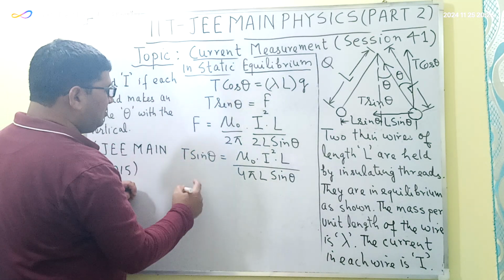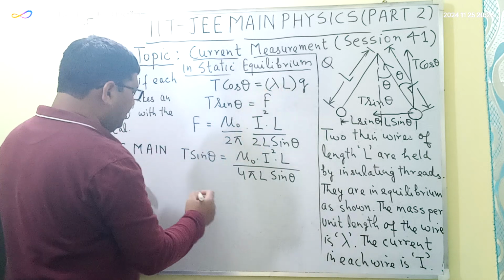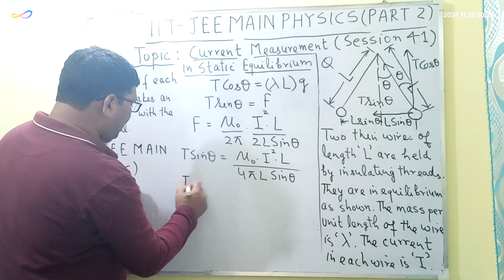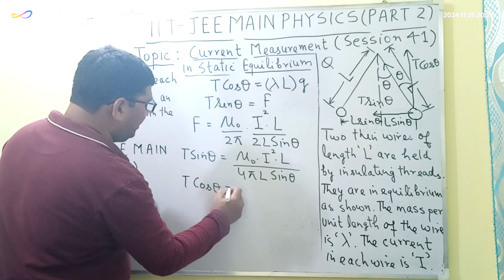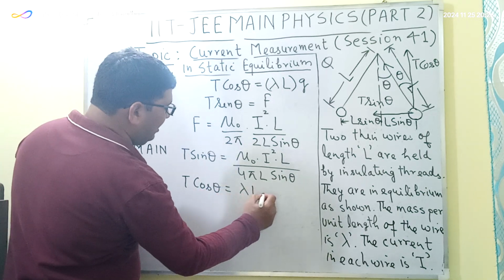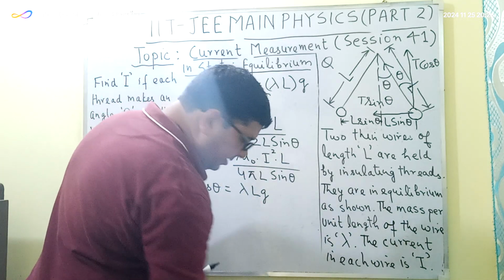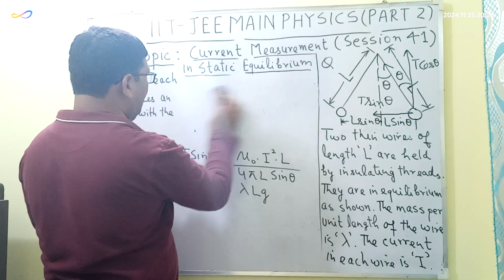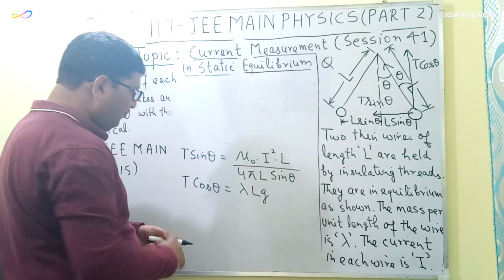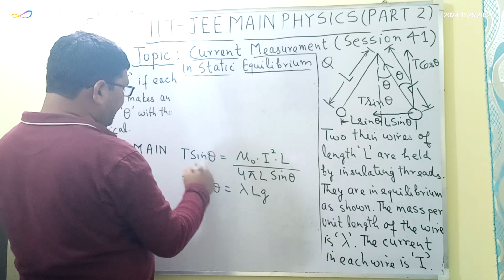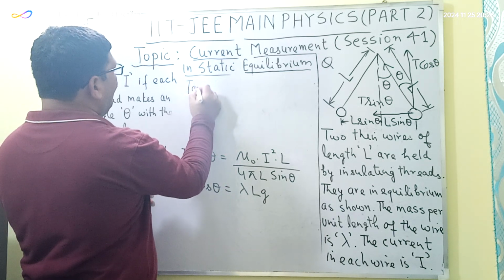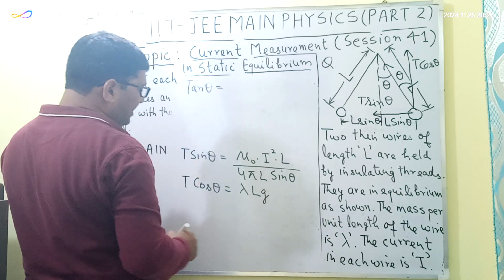And T cos theta is equal to lambda Lg. Now if I divide both these two equations, then I will get T sin theta divided by T cos theta, which is equal to tan theta.